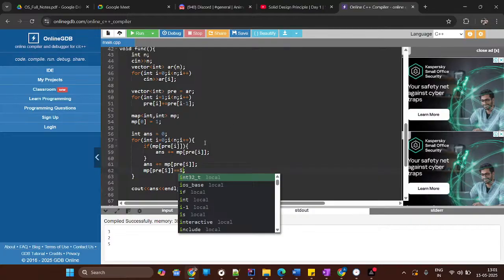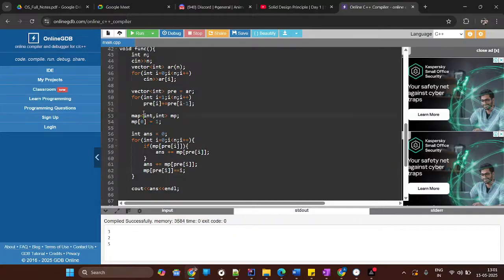Initially in the MP, what do we do? Let's insert. We can just insert as 0. And now everything is one index, right? So we need to add indexes. So MP of 0 equals to 0.